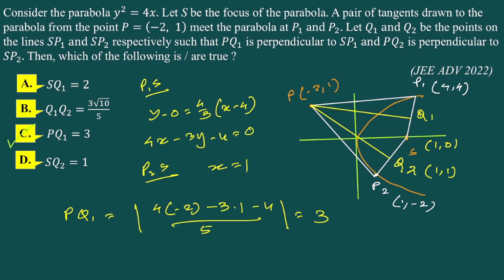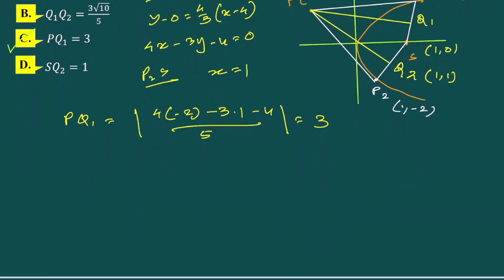So I am drawing the structure separately. The structure is like a kite structure. This is the point P, which we know. This is the point Q1. This is the point Q2. There are a number of ways to solve the sum. So PQ1 is 3.